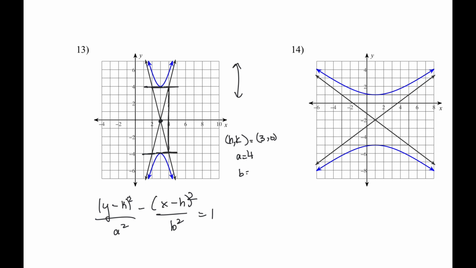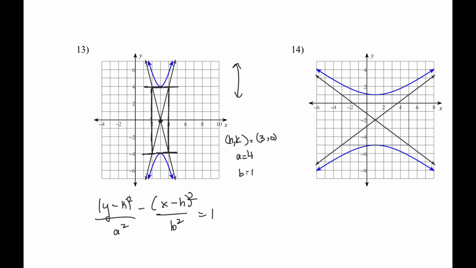And what you can see here is that it creates that little box that we would have made to graph the whole thing. If you remember, the distance from here over to the edge of the box, to the left or to the right, is exactly what b would be. That's the conjugate axis. In this case, that makes b just one step.